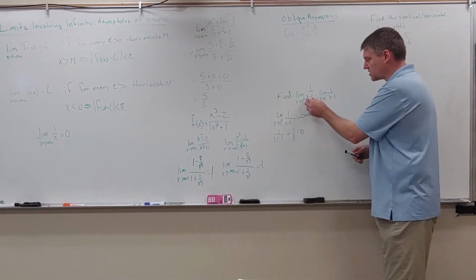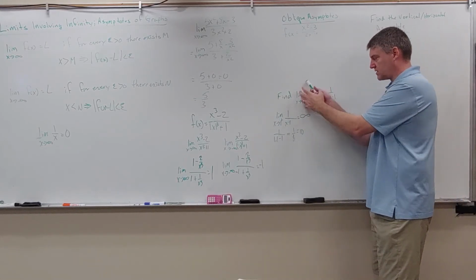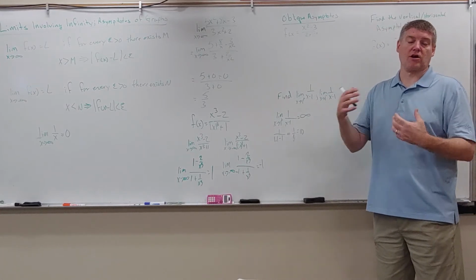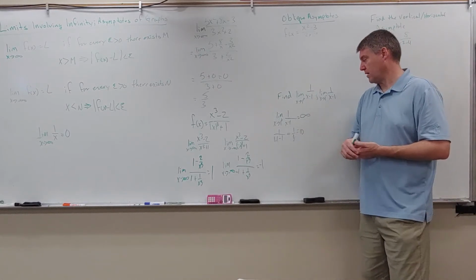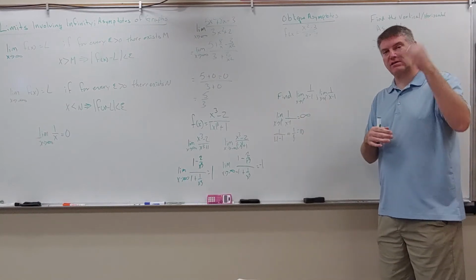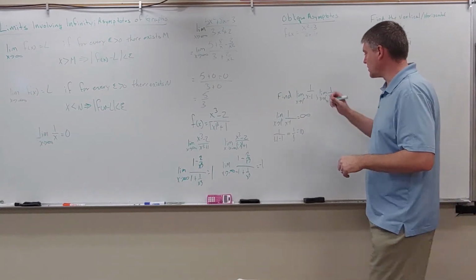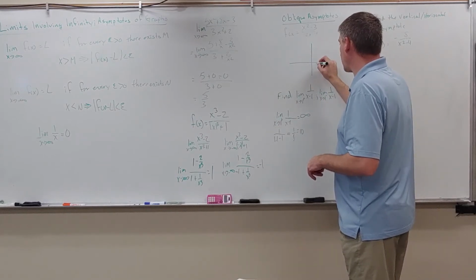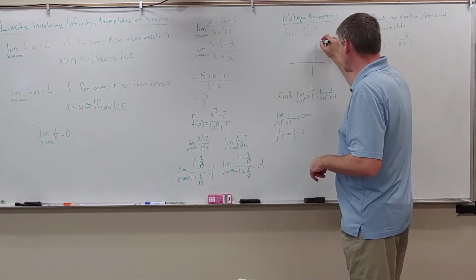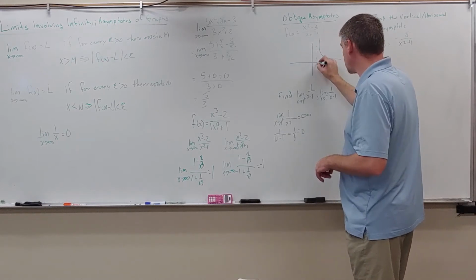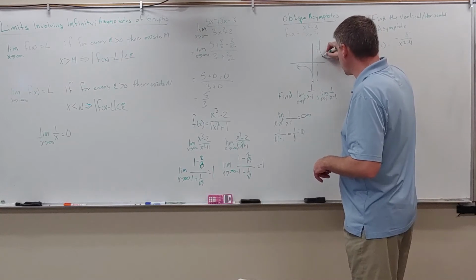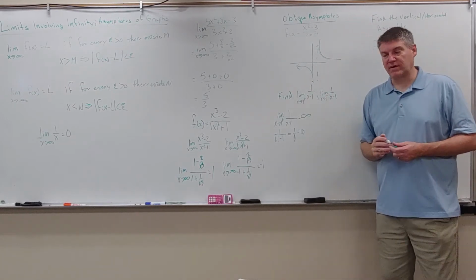As this number down here gets smaller and smaller, the whole expression is going to get larger and larger. But are we going to a positive or negative? Which makes sense when we look at this graph. At 1, it goes like this. There's our graph. As we're coming back along here, we're going up to infinity.